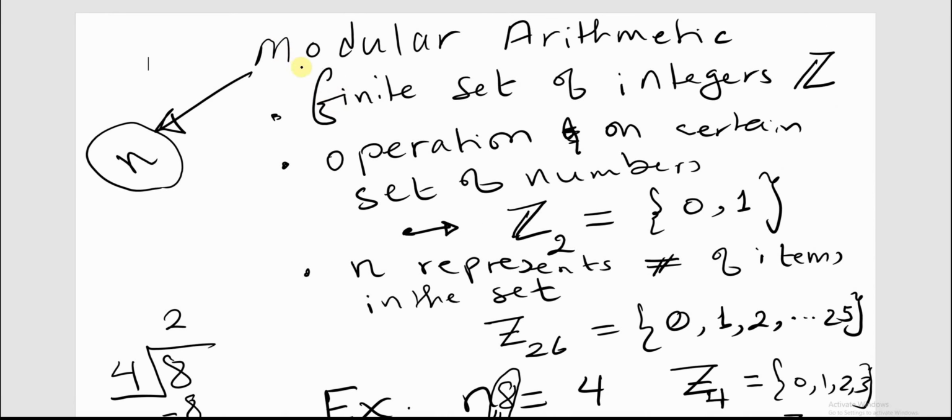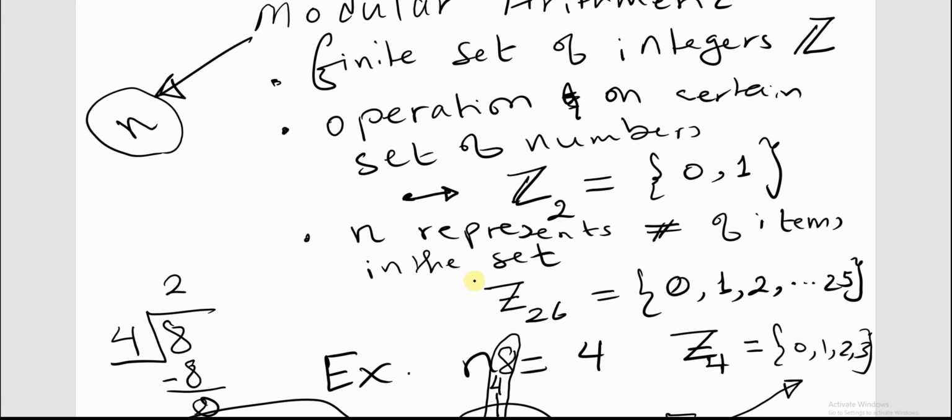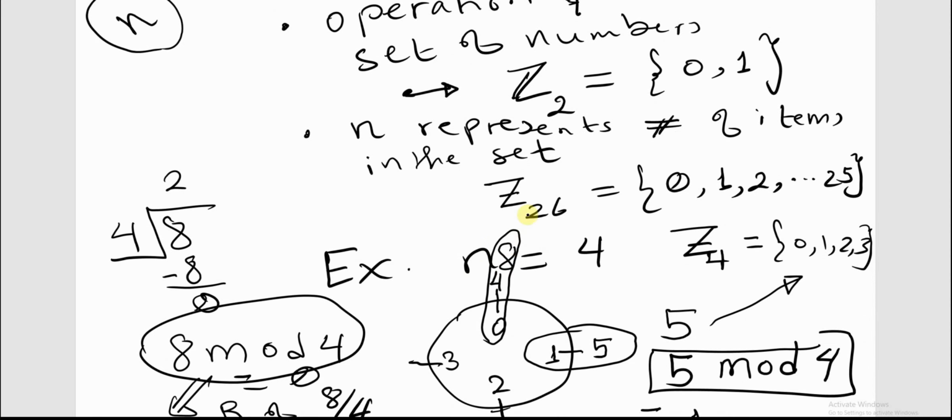So in this case, we started by talking about modular arithmetic. It's a finite set of integers, and the operations are, of course, addition and multiplication that can be invoked on these numbers. And n represents the number of items in the set. So for example, Z2 has the items 0 and 1.